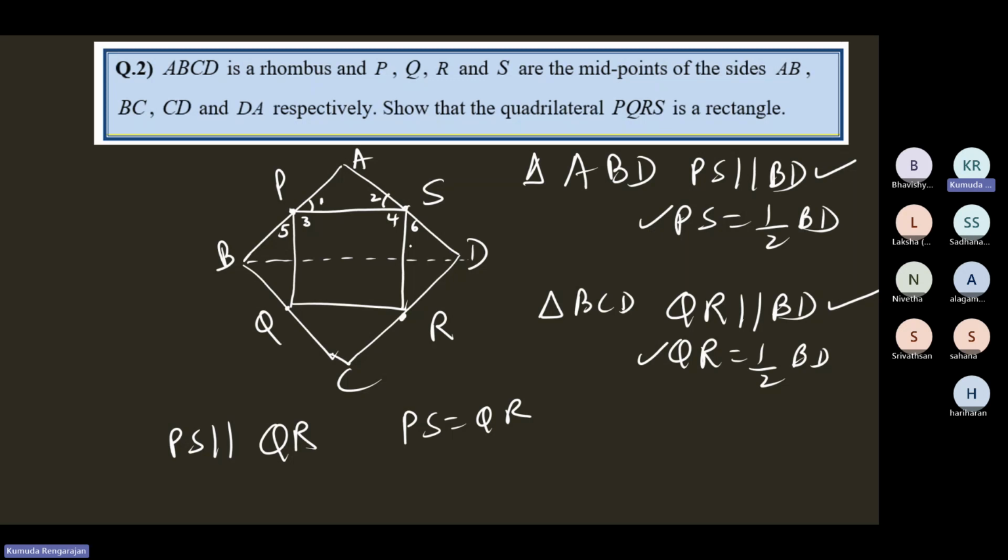Angle 1 is equal to angle 2 because, now is AB equal to AD, children? Tell me, is AB equal to AD?